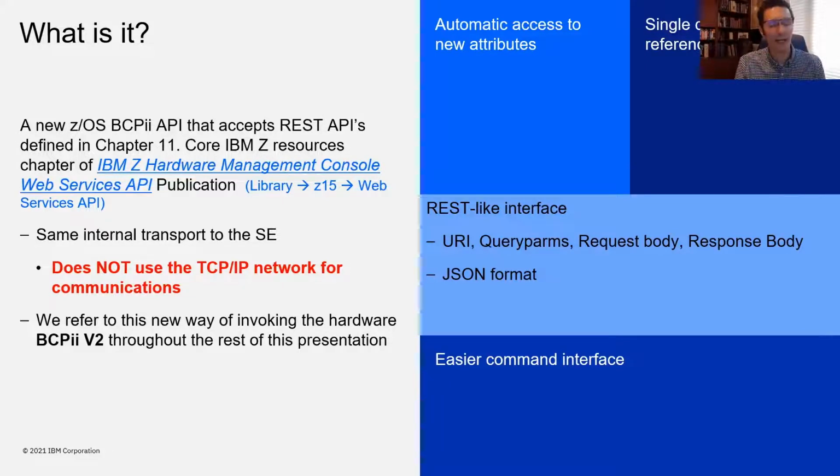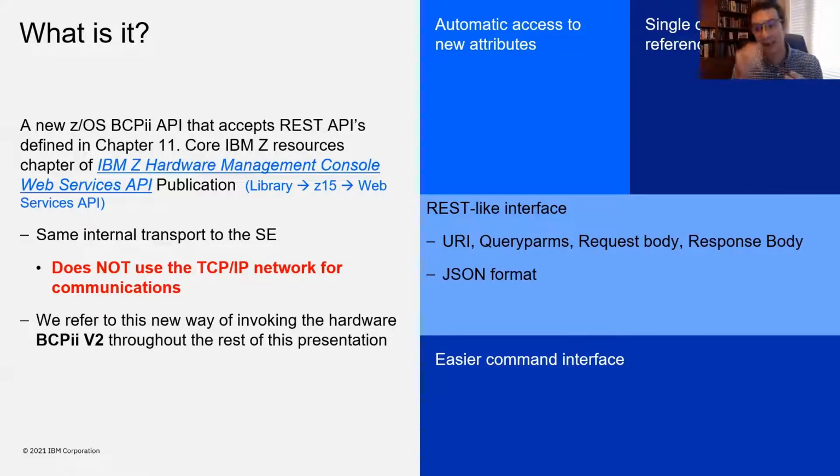All the HWI APIs that you might have invoked before for BCPii to get to various hardware attributes, there were a lot of attributes that were not accessible through BCPii. There's going to be a lot more that are available now with REST. So that's one reason to consider using the HWI REST interface.